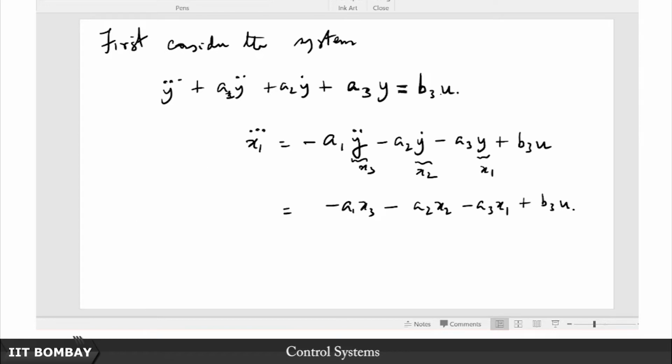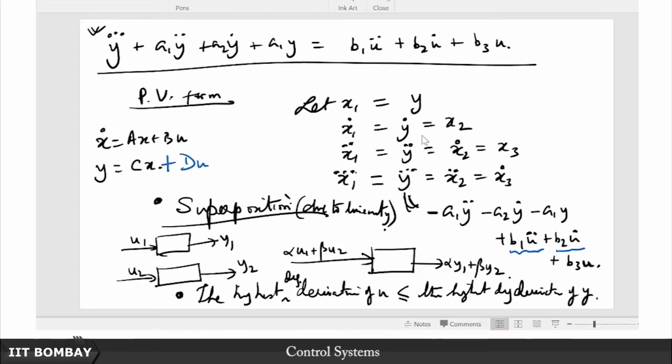So then for this system, suppose these nasty derivatives, for now let us assume that the phase variable method is incapable of handling these derivatives. So we are only giving the phase variable method what it can handle. Now that I have assumed that b1 and b2 are 0, these nasty fellows are 0, I am only dealing with this b3.